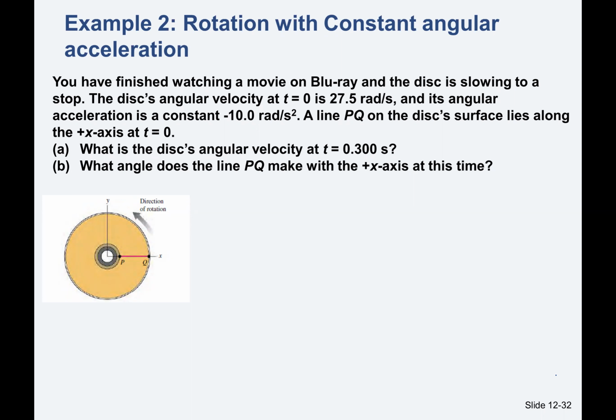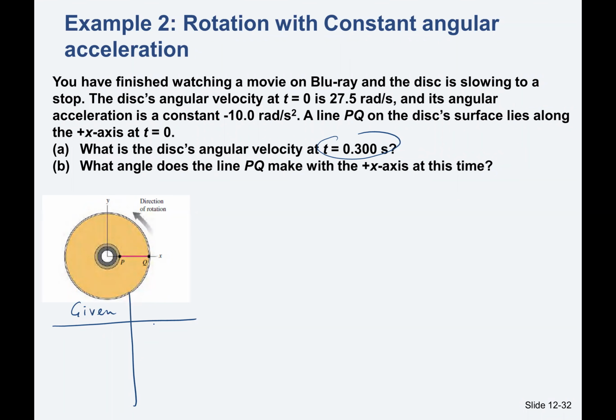What is the disc's angular velocity at t equals 0.3 seconds, and what angle does the line PQ make with the positive x-axis at this time? This time means when time equals 0.3 seconds. All right, so let's see what's given to us.